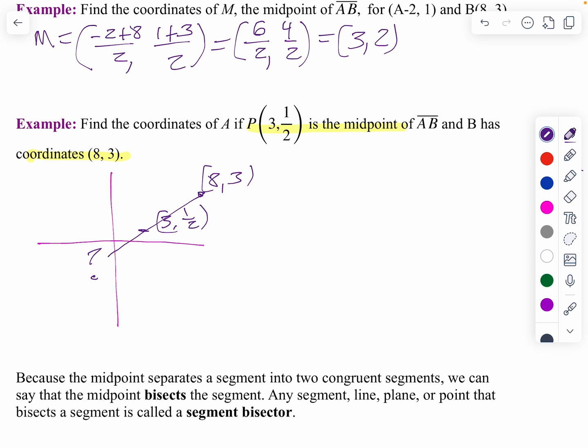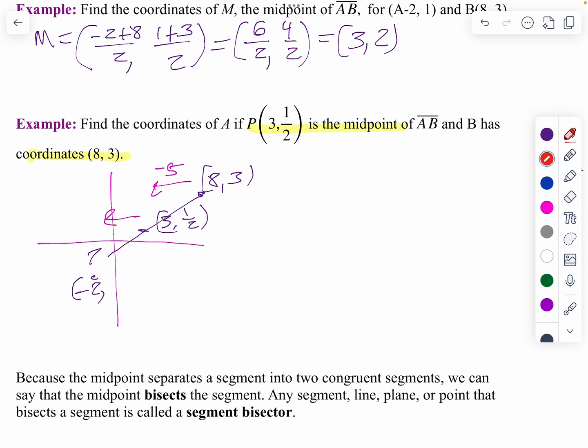But then I look at my directions. To go from 8 to 3, I am going to subtract 5. So I'm going to keep on subtracting 5 from 3. 3 minus 5, well, that's going to be negative 2. Then I'll do the same thing for my y coordinate.